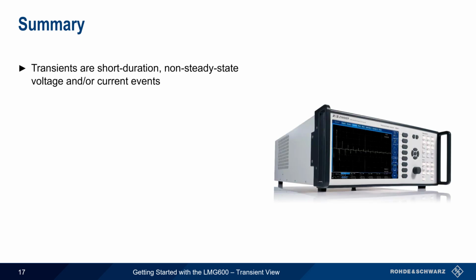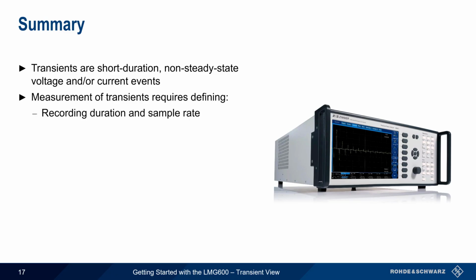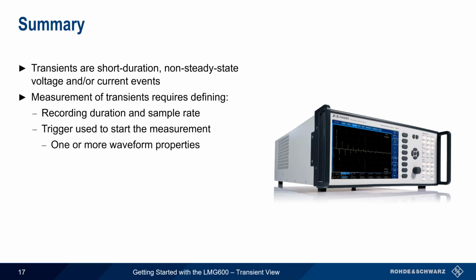Let's end with a brief summary. Transients are short-duration, non-steady-state voltage and/or current events, and the capture and analysis of transients is very important in many power applications. The requirements for measuring transients fall into two main categories. First, the duration of the recording and the sampling rate, and second, the trigger used to start the measurement. This trigger may be one or more waveform properties, such as current exceeding a given threshold, but may also be an external electrical signal.